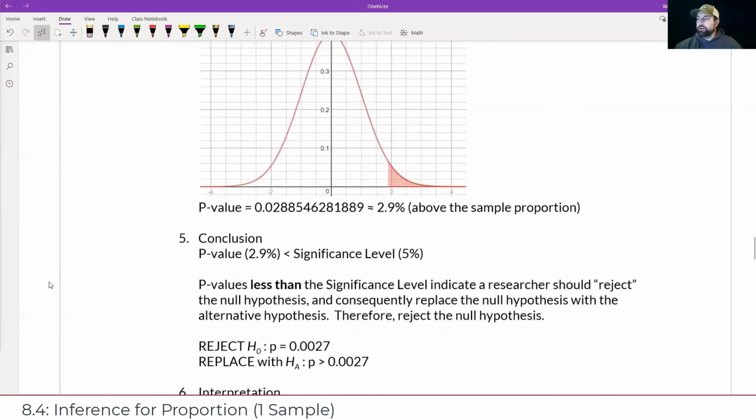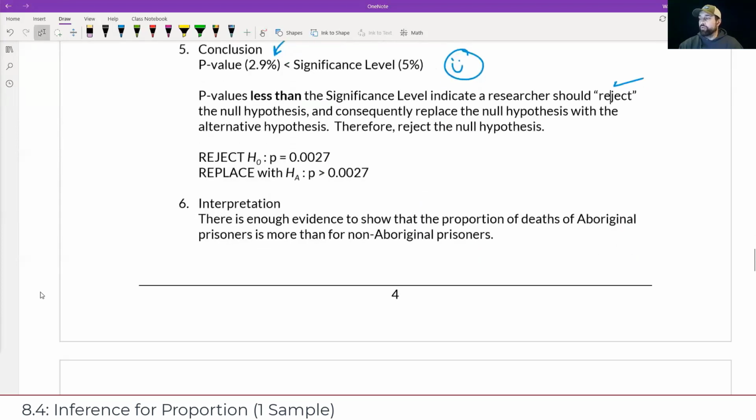And if we calculate the area under that using either Google Sheets or Desmos, we get this area is equal to 0.0298854, or about 2.9%. So because the 2.9% is less than our threshold of 5%, that's good. That means we get to reject the null hypothesis and we can actually say there is enough evidence to show that the proportion of deaths of Aboriginal prisoners is more than for non-Aboriginal prisoners.